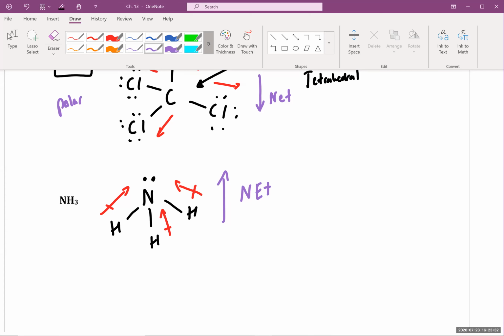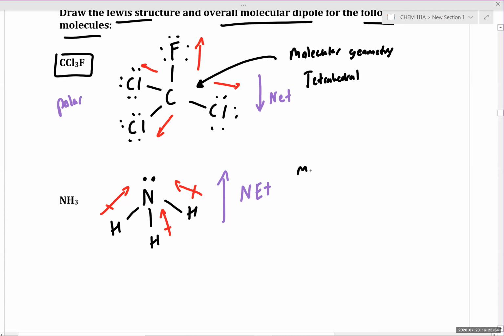And just as a side note, what would the molecular geometry be for ammonia if we have 3 bonds plus 1 lone pair? What do we call that molecular geometry?